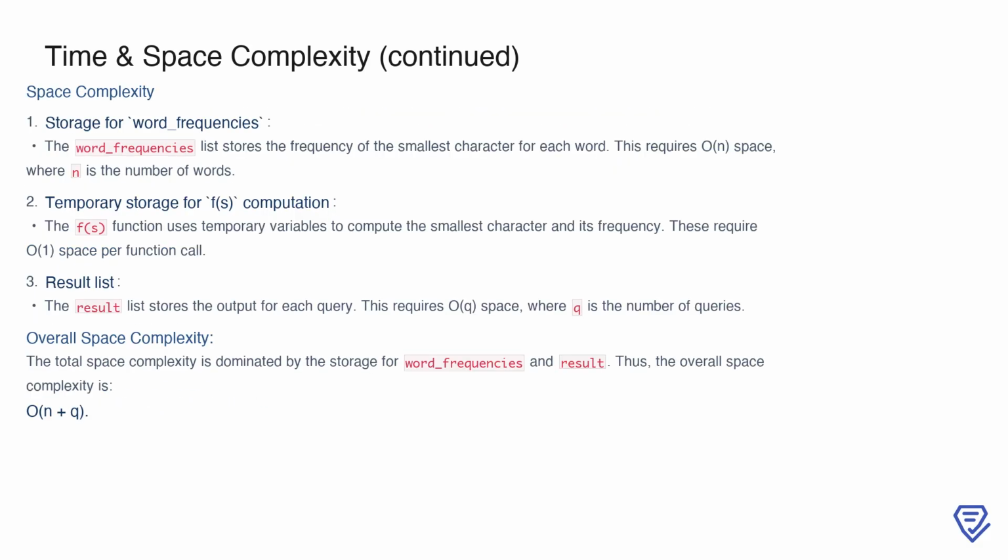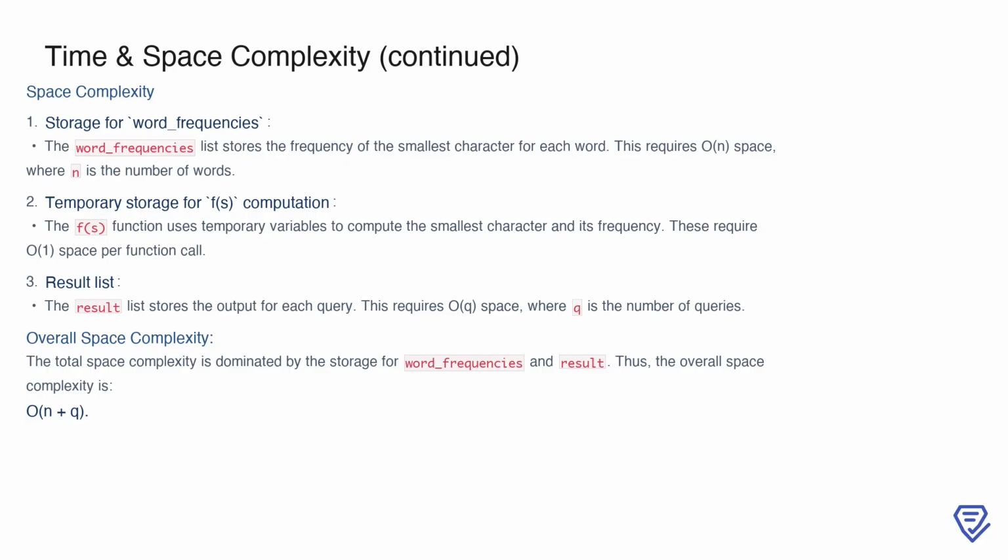For the space complexity, we start with the storage required for the word_frequencies list. This list holds the frequency of the smallest character for each word, so its size is proportional to the number of words, requiring O(n) space. Next, we consider temporary storage used during the computation of f(s).